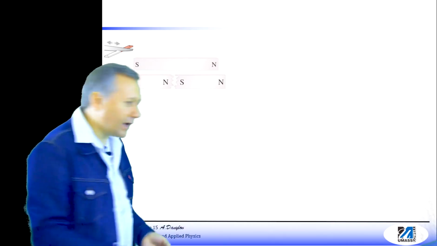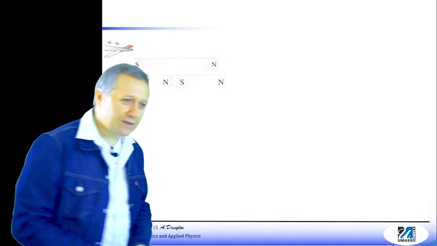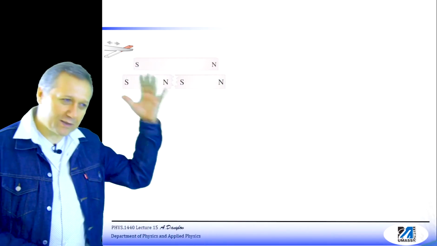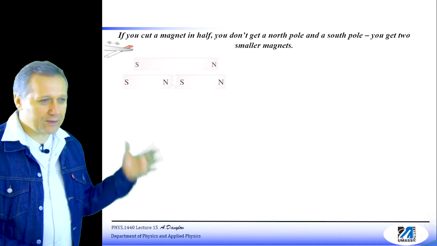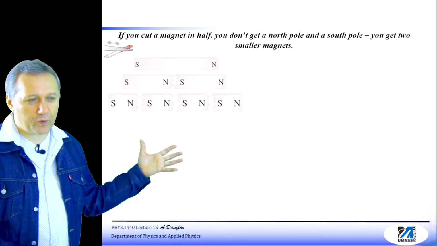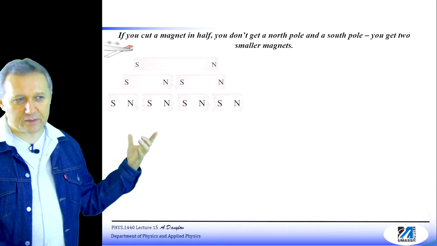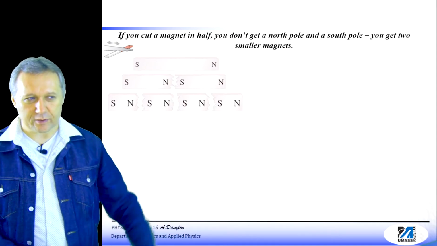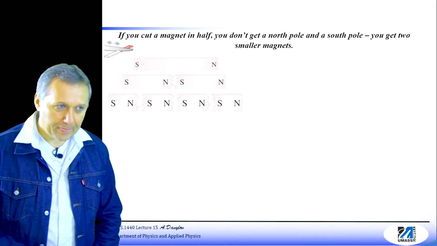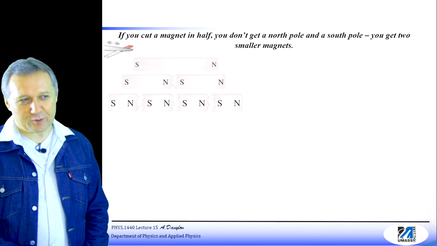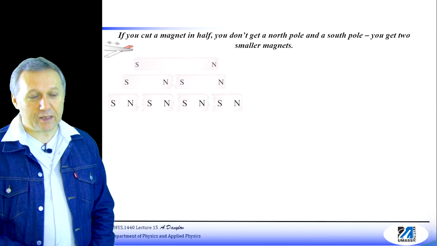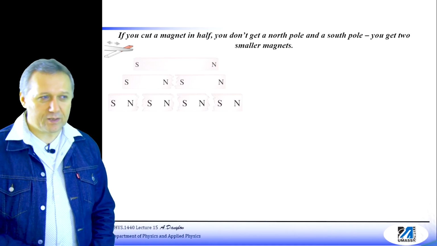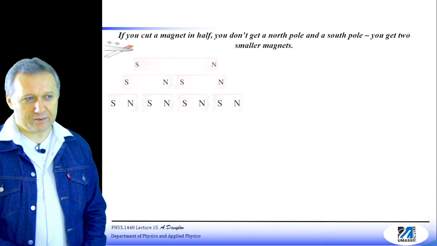Or maybe just bad luck, right? So I didn't crack it in the proper direction or something. Okay, let's crack it one more time. Still, you will end up now with four smaller but full magnets. Again, south, north, south, north, south, north, and so on. It doesn't matter how many times you break this magnet, every time you're going to end up with a full magnet.